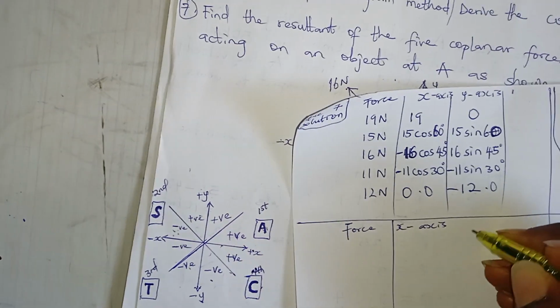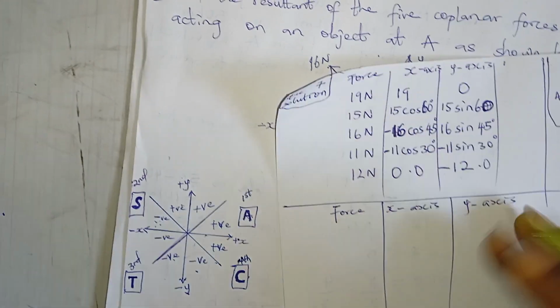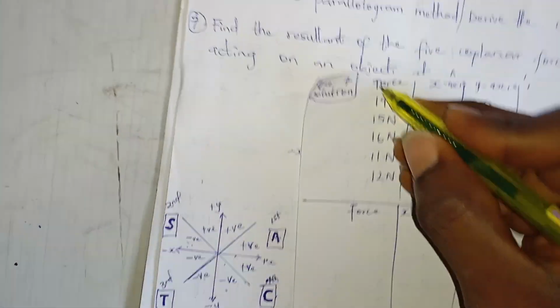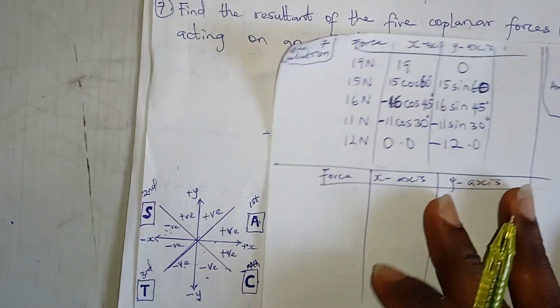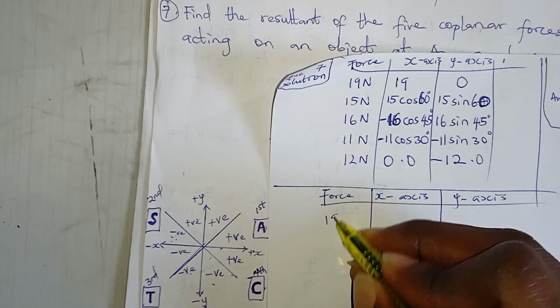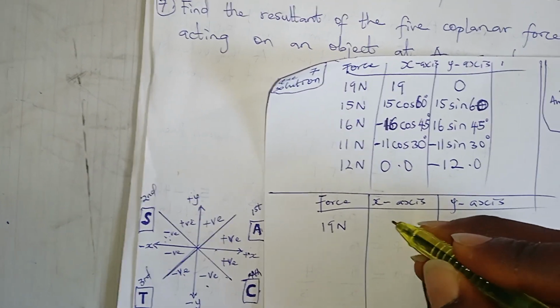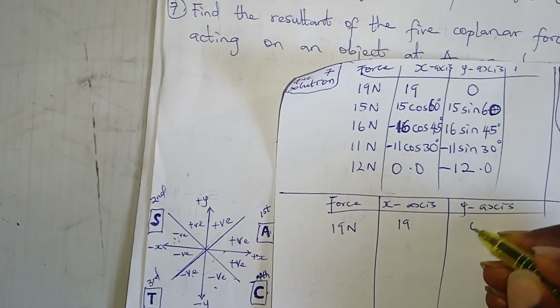x-axis, y-axis. So when I do the punching, I'll have that the force of 19 Newton is going to give me 19, 0.